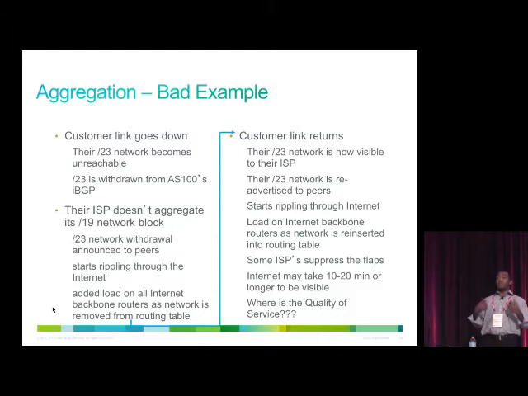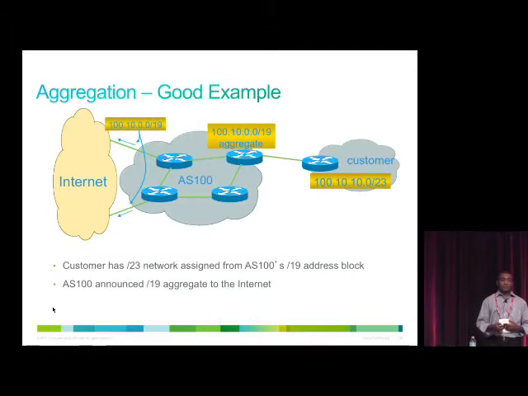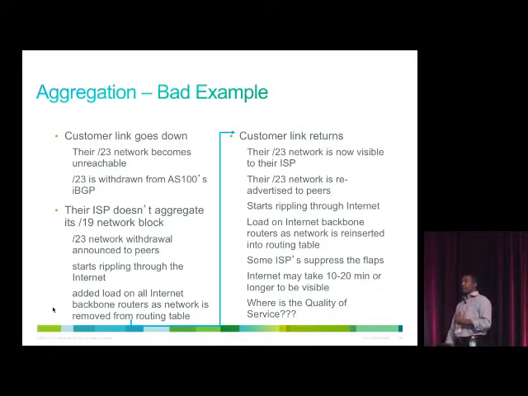And when the interface comes back, the same thing happens again. The interface is injected into iBGP and then advertised to the eBGP peers, and the whole thing propagates all over again.